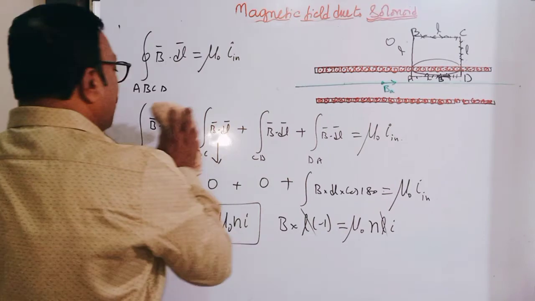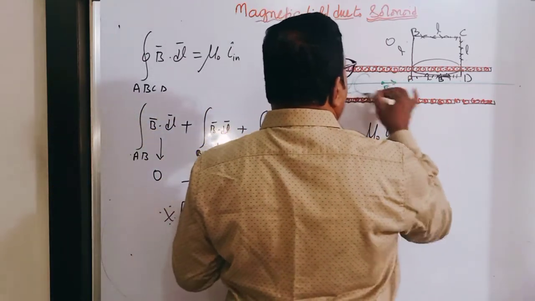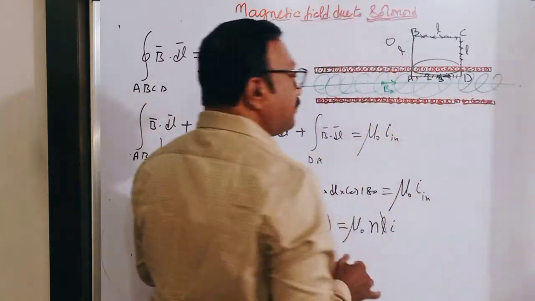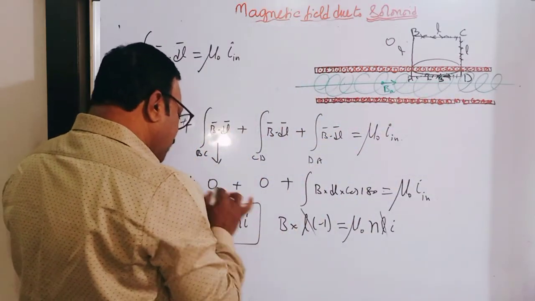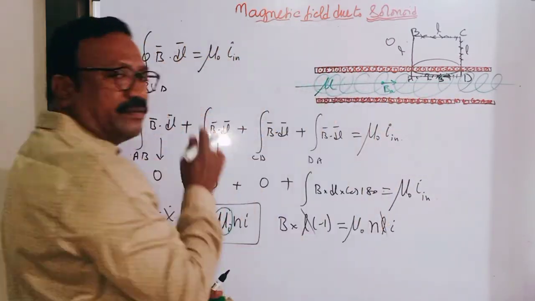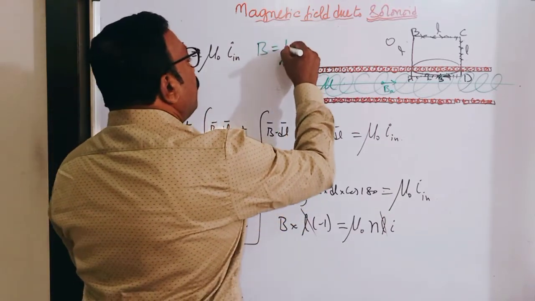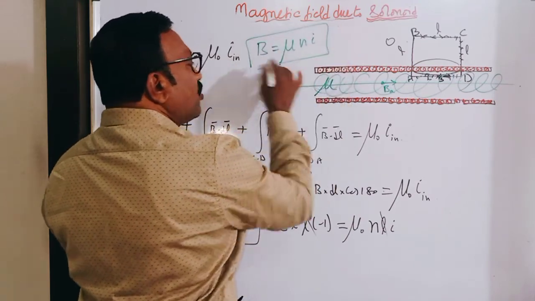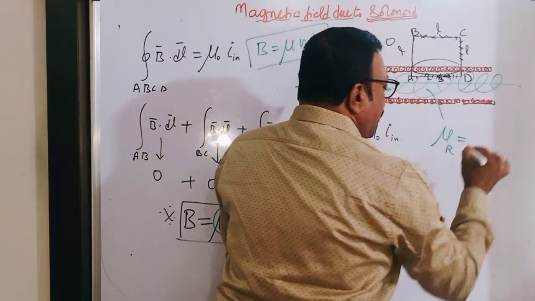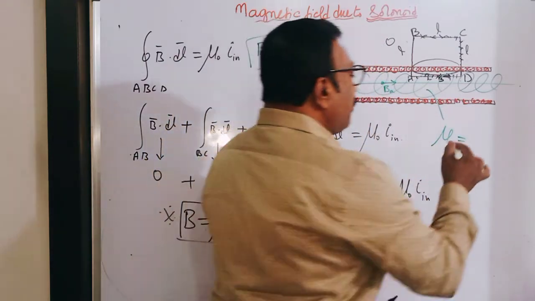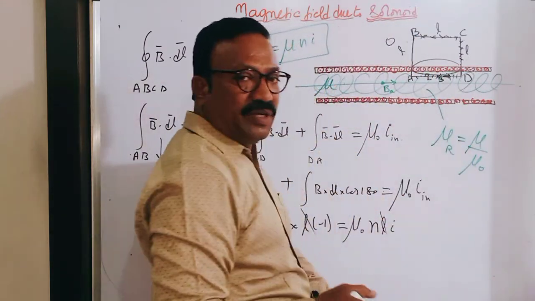Now there is one more question asked in this. Suppose some material is filled here. Because it was free space, you wrote mu naught. If material is filled, you have to write mu then. So the magnetic field becomes B is equal to mu into N i, if it is not free space inside. And generally they give relative permeability. Relative permeability is nothing but mu by mu naught, the permeability of this medium divided by the permeability of free space.